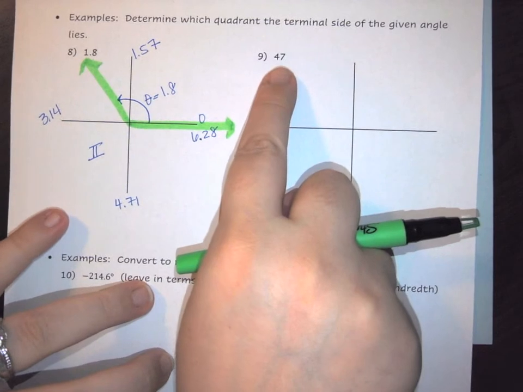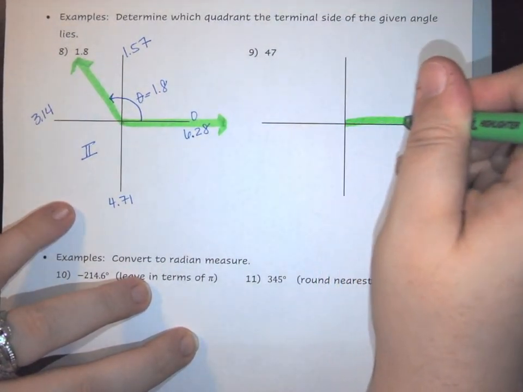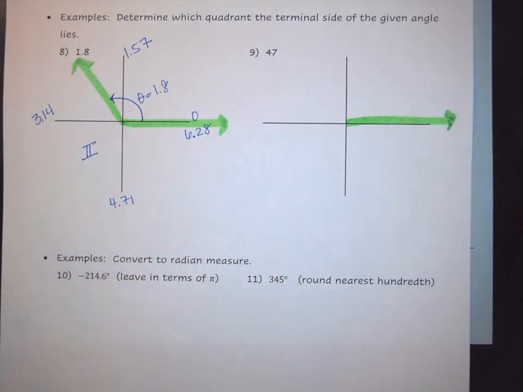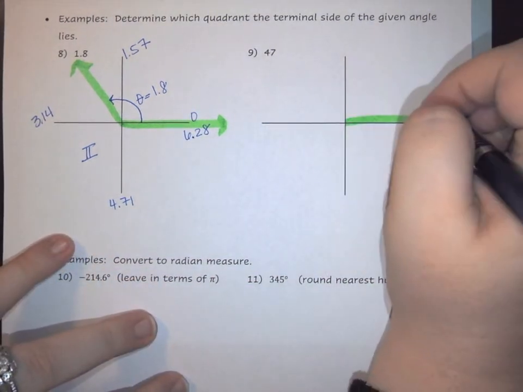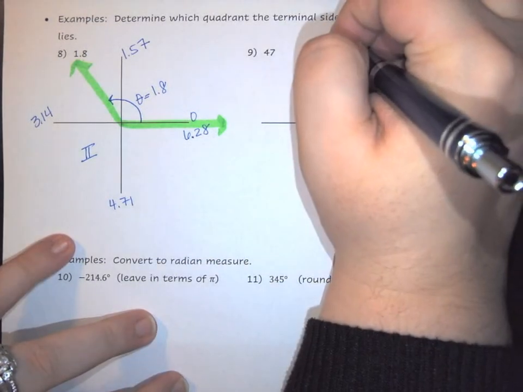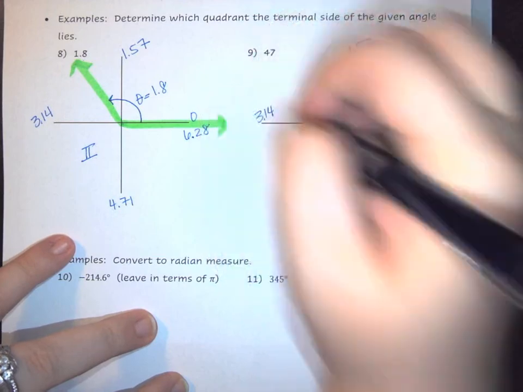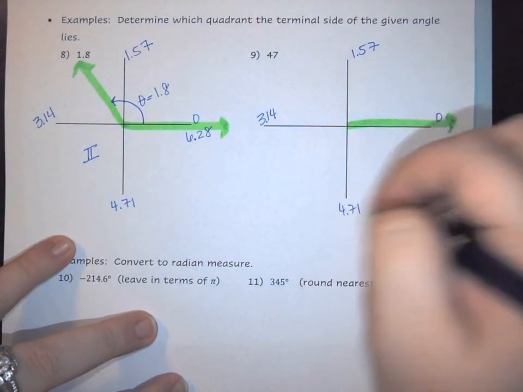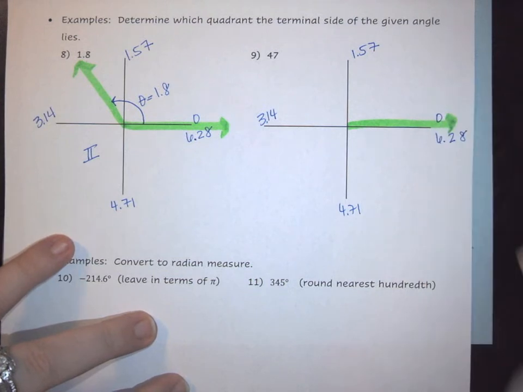Now the other measure is 47. So again, here is going to be my initial side. Again, I'm going to deal with my radians. So 0, 1.57, 3.14, 4.71, and a full rotation is 6.28.